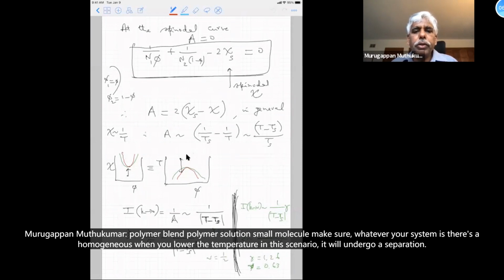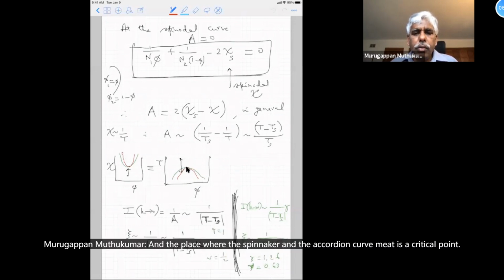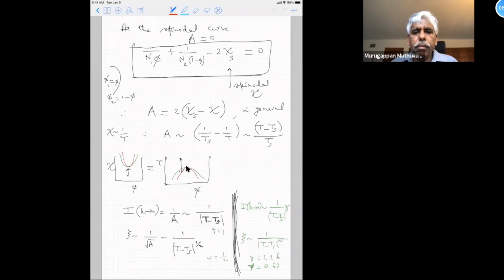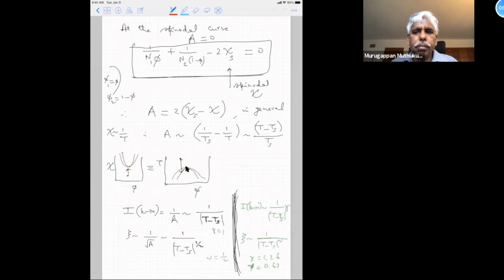When you lower the temperature in this scenario, it will undergo phase separation. And the place where the spinodal curve and the coexistence curve meet is a critical point. That critical point is called a second order phase transition. Okay, this is a second order phase transition.